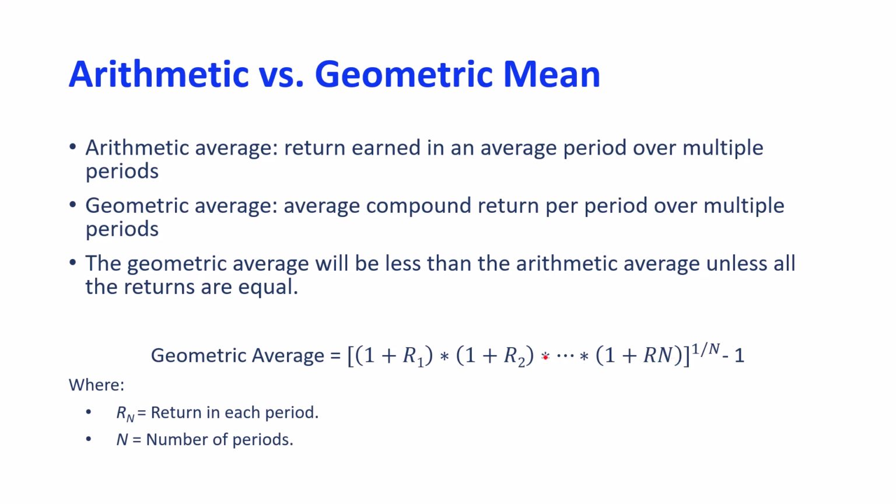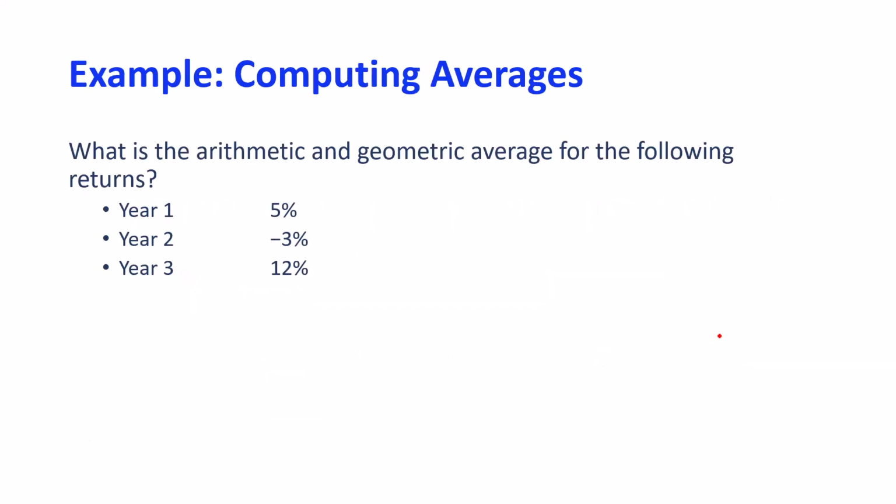We multiply them and raise that number to 1 over the number of observations, minus 1. So let's see this in an example. Say we have 3 years of return, 5% in year 1, 3% loss in year 2, and 12% in year 3.